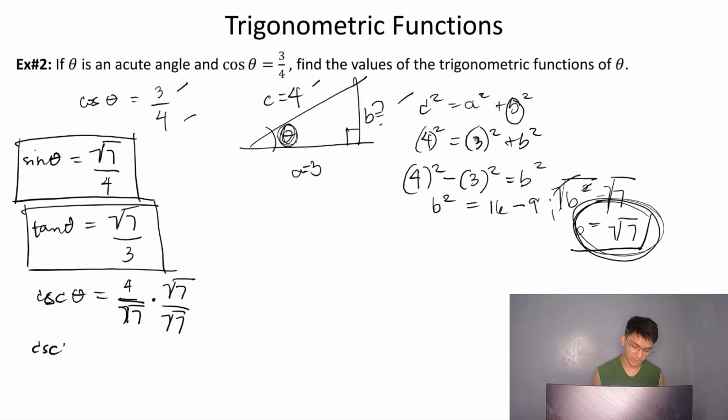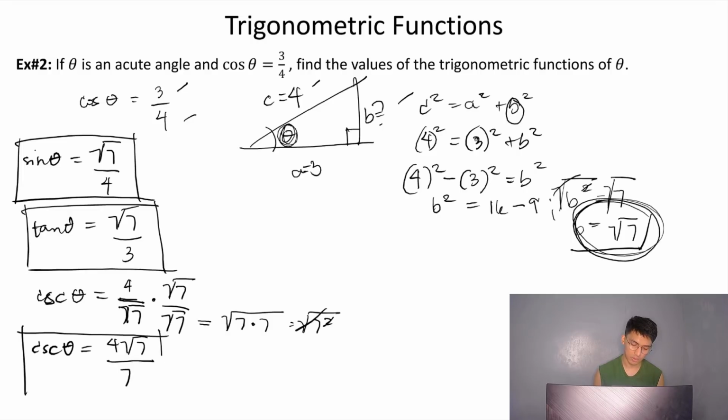So, we have cosecant theta is equal to 4 times square root of 7 is simply 4 square root of 7. And dito naman, since square root of 7 multiplied to square root of 7, magiging 7 na lang ito. So, makakancel na to. Ang matitira lang sa atin is this 1. Now, next for secant theta.